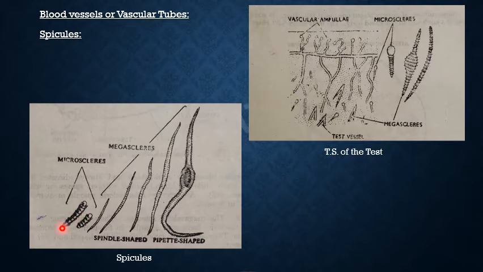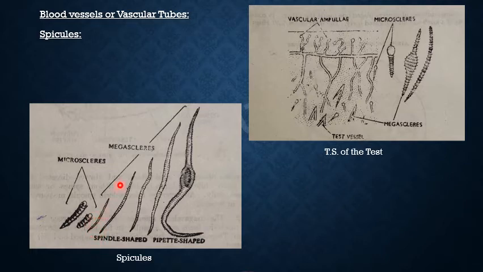In this one there are 1, 2, 3, 4, 5, 6, 7, 8, 9 rings, and in this one there are 1, 2, 3, 4, 5 rings only. So in these spicules the number of plates can be at least 5 or they can be 20 also.